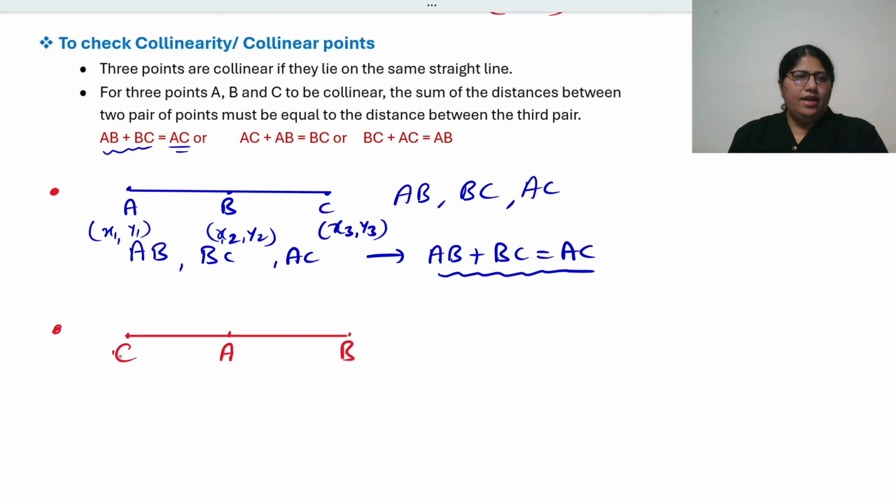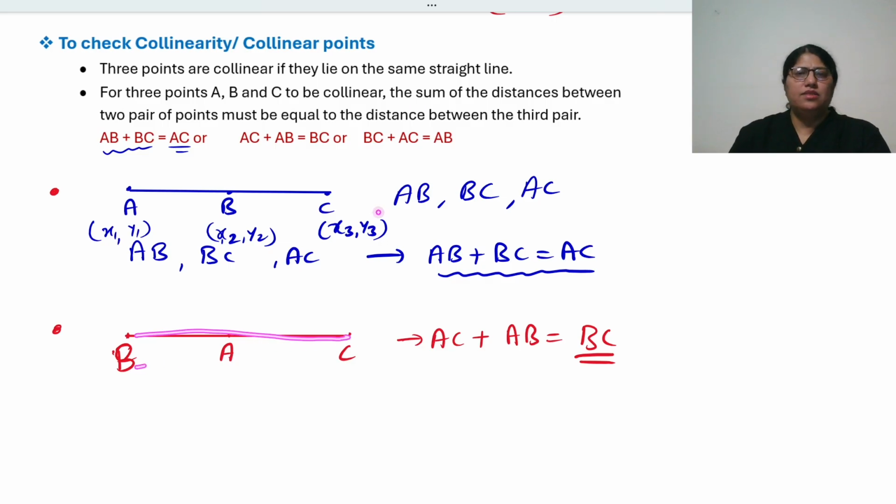Let me write down C here. You know this is the AC length. So what I need to check is whether AC plus AB is equal to BC, because in this case BC is the total length and A is in between B and C.